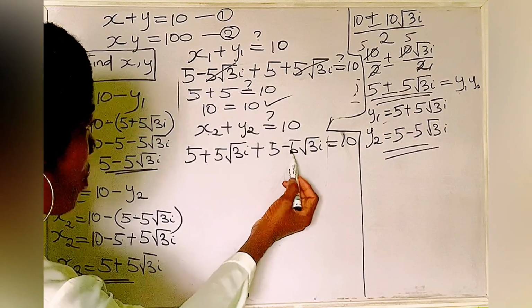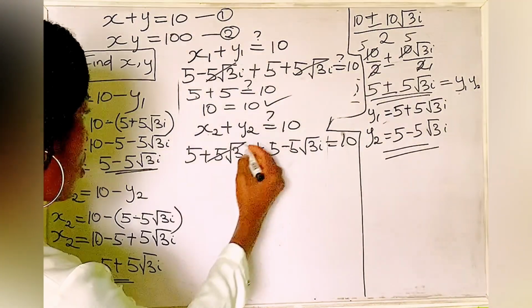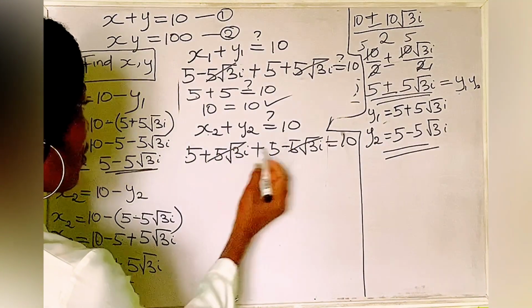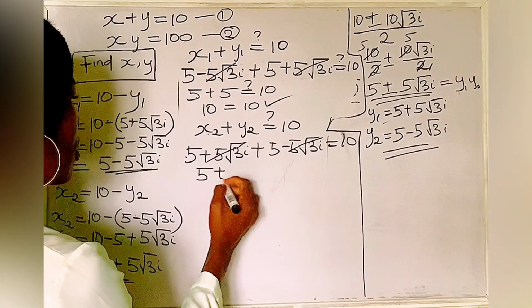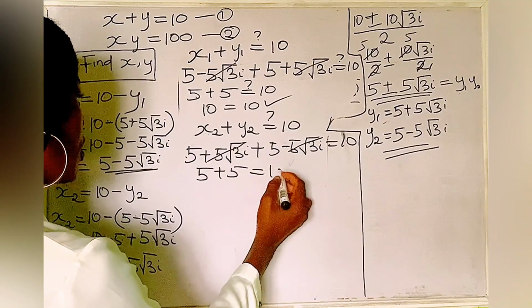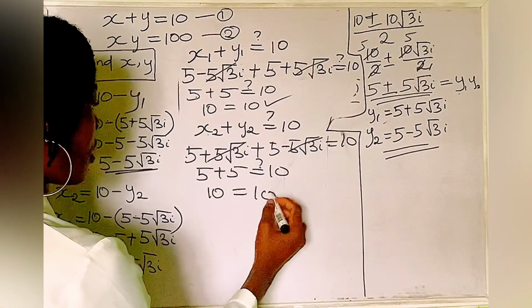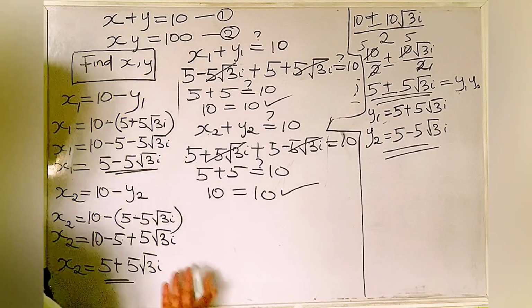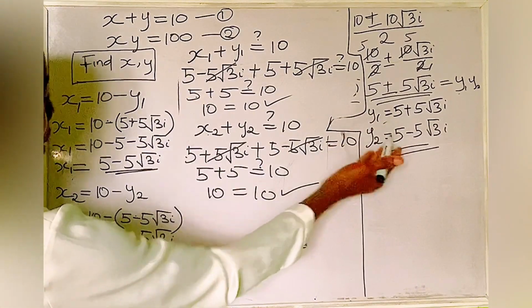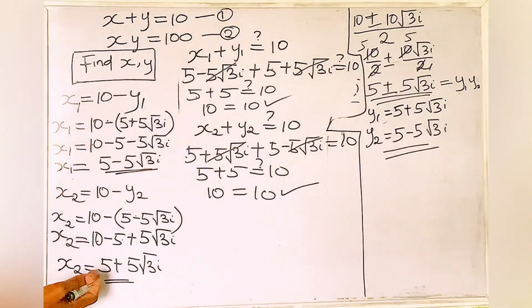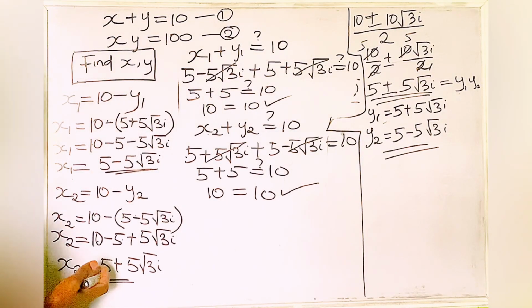Now you can see that we have a positive and a negative, which cancels out. So 5 plus 5 is 10. Obviously it is. So our values of x1, y1, x2, y2 are correct.